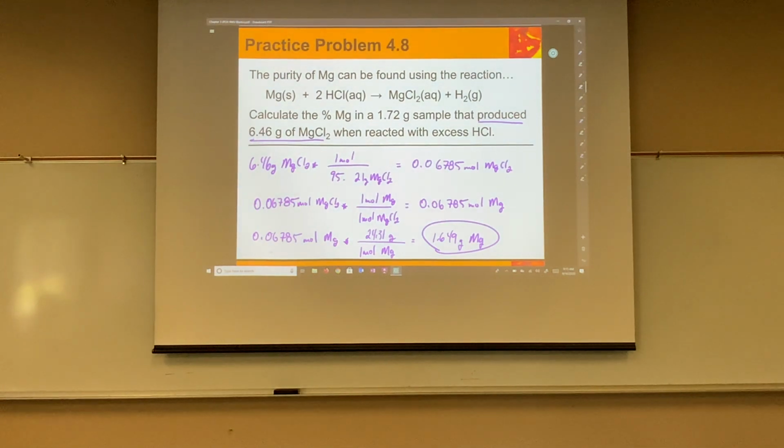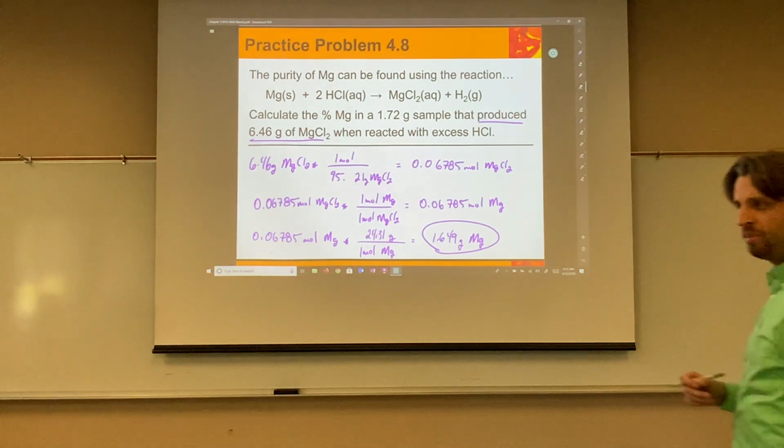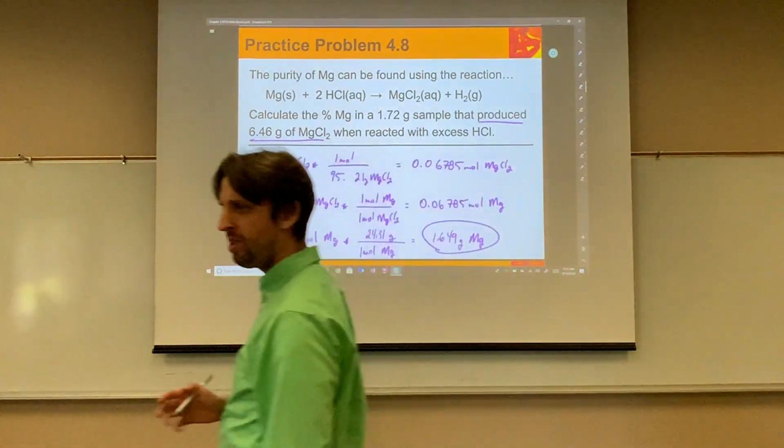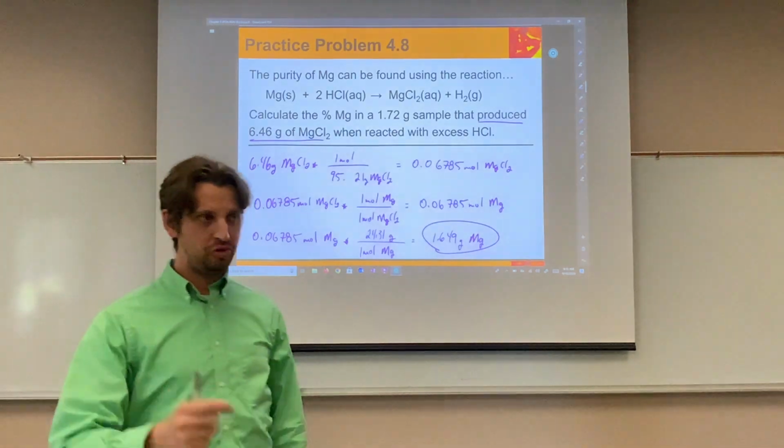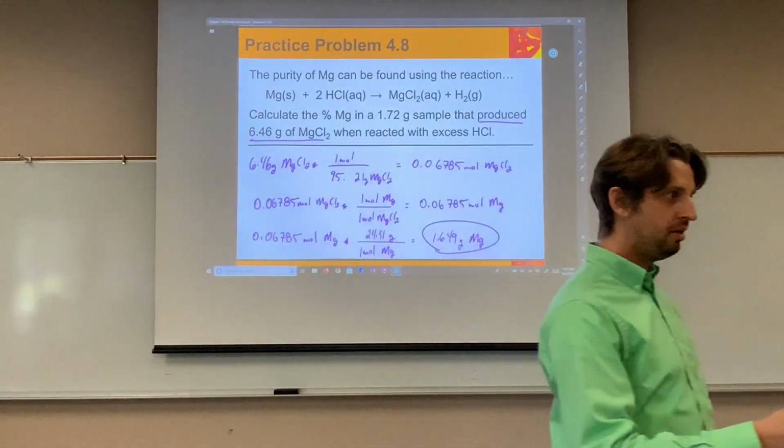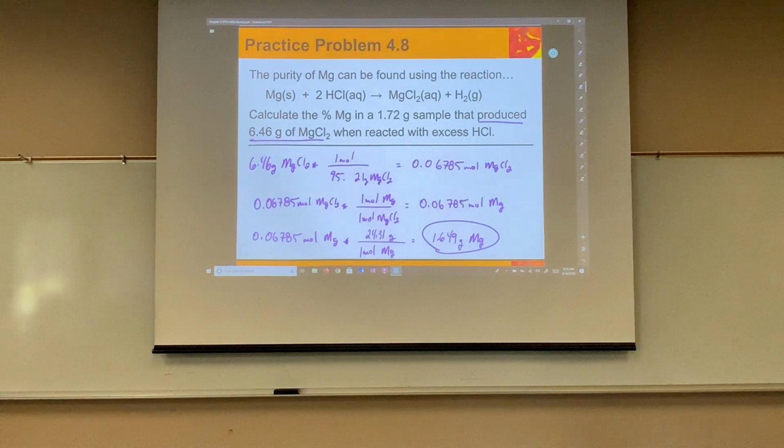What does that 1.649 number tell me? How many grams of magnesium were in the produced magnesium chloride, 6.46 grams. You guys with me on this? Does that make sense? This is the most important part. I say every part's important, but this one's the most important because it's the one I'm talking about now.